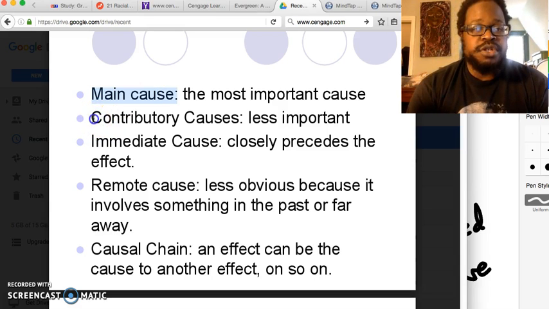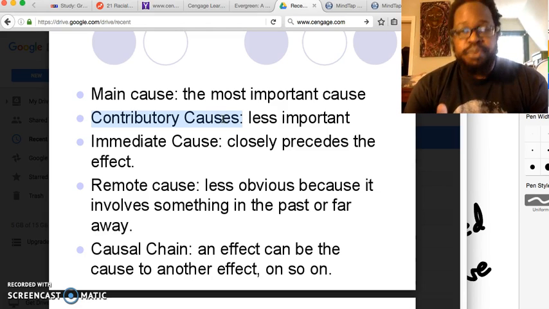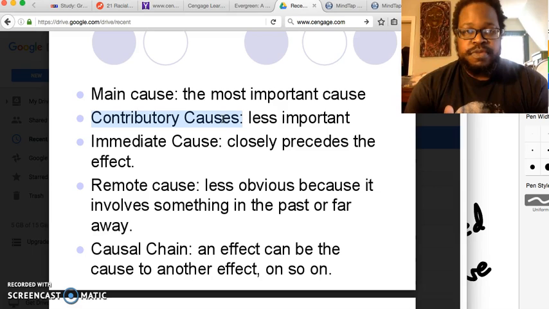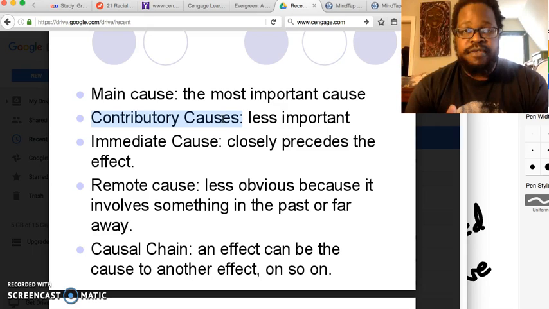Now, there are also contributory causes. These are causes that are important, but they're not as important as the main cause, right? They're important, but they're not as important, right? So that has to do with the influence that different causes have, right?